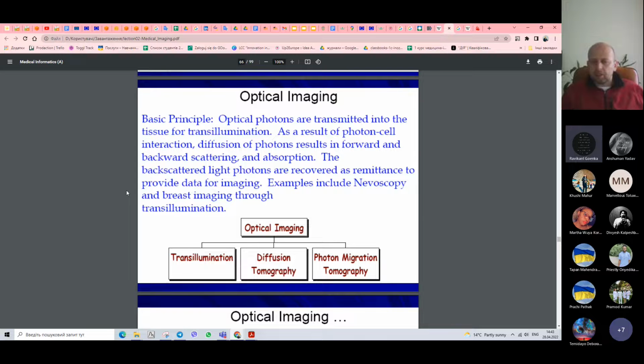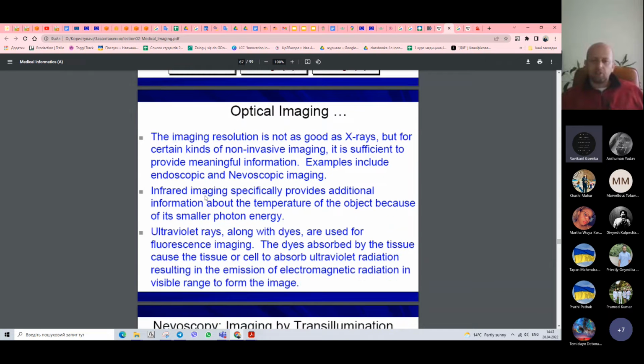And this is present in the optical image view direction: transillumination, diffusion tomography, photon migration tomography, optical imaging. The imaging resolution is not as good as X-ray, but for certain kinds of non-invasive images it's sufficient to provide meaningful information.